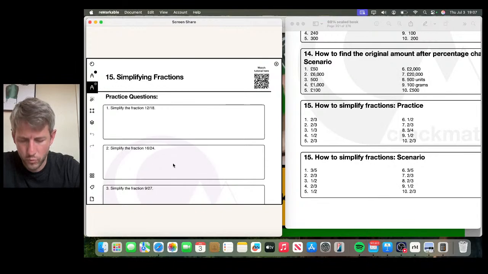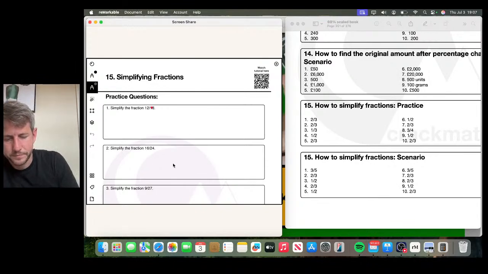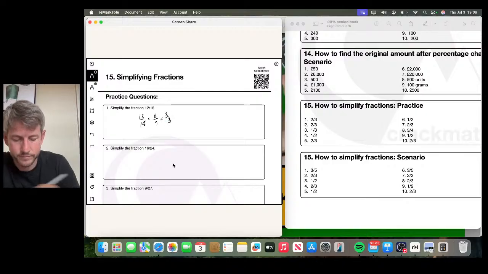Okay, right. So simplify the fraction 12 over 18. So 12 over 18 is equal to 6 over 9, which is equal to 2 over 3.